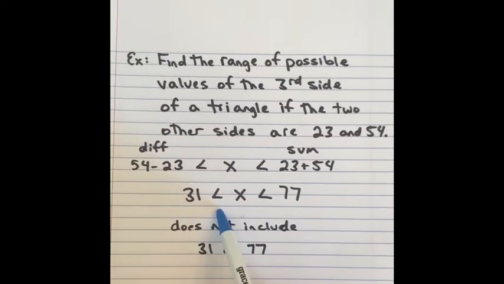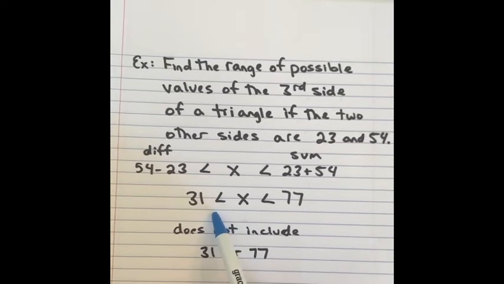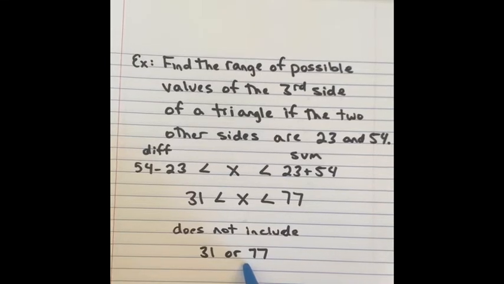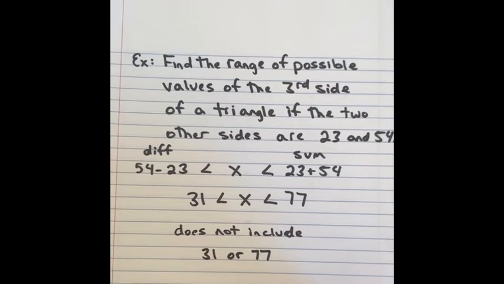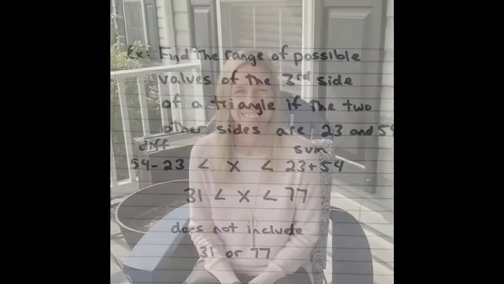So our answer would be that our range of our 3rd side could be anything between 31 and 77, but does not include 31 or 77. So I would recommend potentially pausing the video for each of these concepts and writing them down so that you have them available when you do the activities.